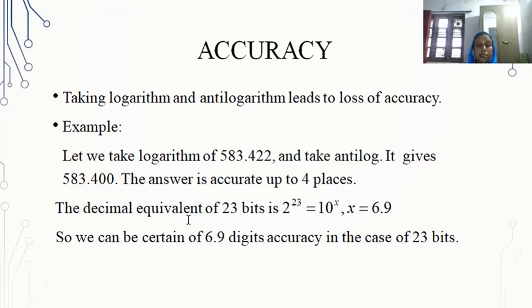So the decimal equivalent of the 23 bits, that means the mantissa part, is 2 raised to 23, and in this case its decimal equivalent is about 6.9. So we can be certain of 6.9 digits of accuracy in the case of 23 bits.